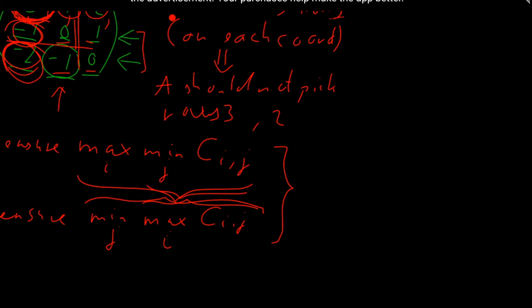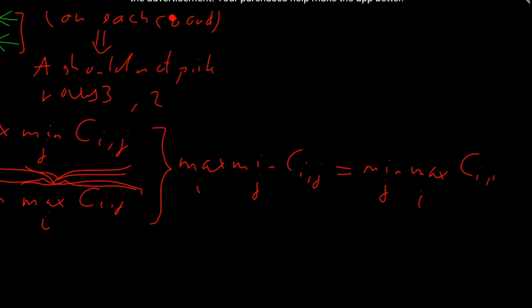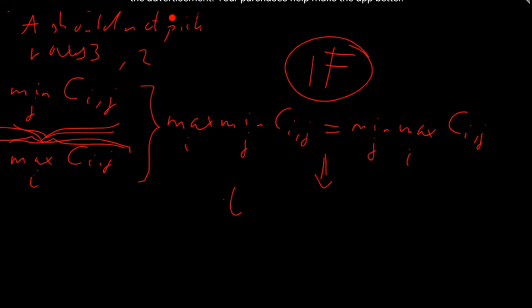If it happens to be the case that the maximum of the minima is the same as the minimum of the maxima, so if this happens to hold for a matrix, then this is the value, the definitive outcome of the game, if both players play rationally.